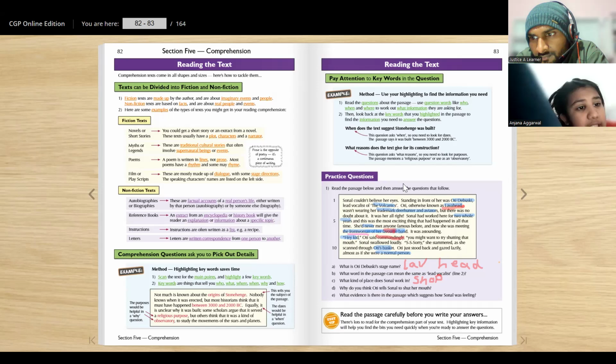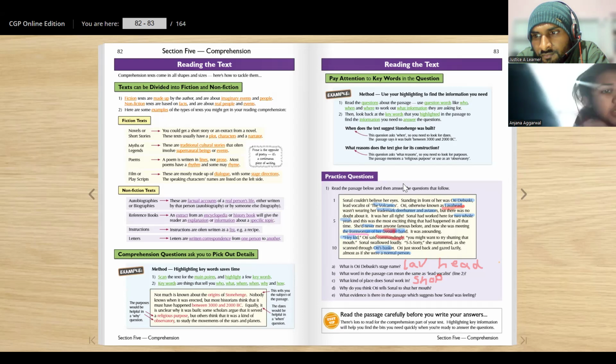So, what evidence is there in the passage which suggests how Sonal was feeling? She was feeling surprised because it says astounding. So it is asked what evidence is there in the passage which suggests how Sonal was feeling.